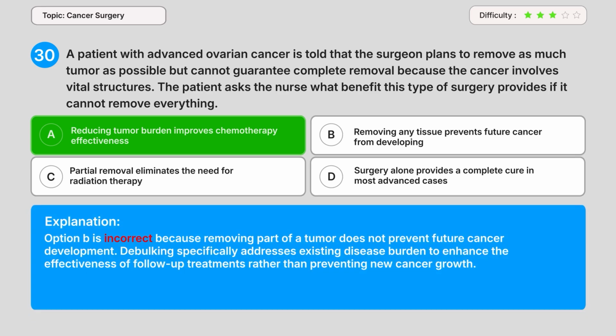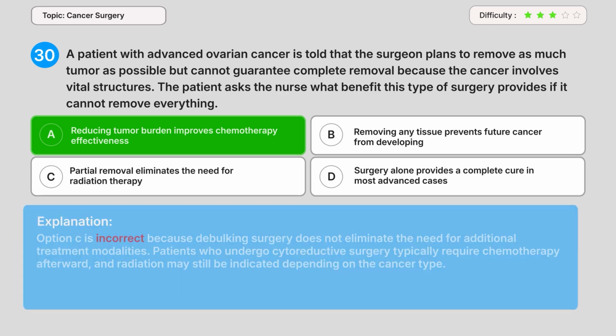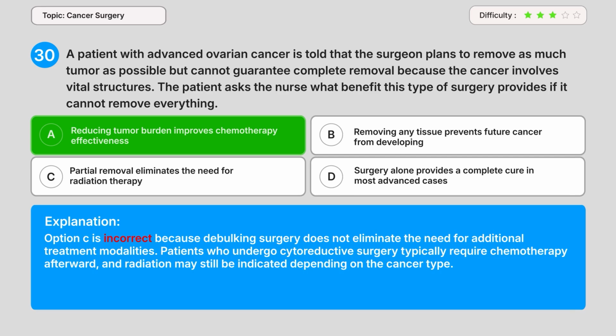Option B is incorrect because removing part of a tumour does not prevent future cancer development. Debulking specifically addresses existing disease burden to enhance the effectiveness of follow-up treatments rather than preventing new cancer growth. Option C is incorrect because debulking surgery does not eliminate the need for additional treatment modalities.